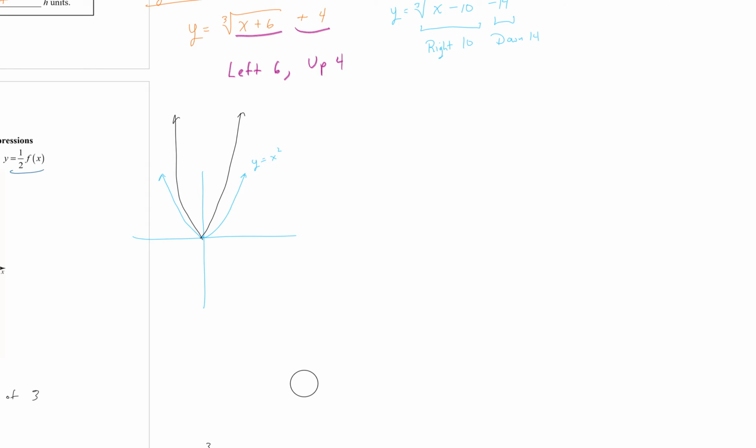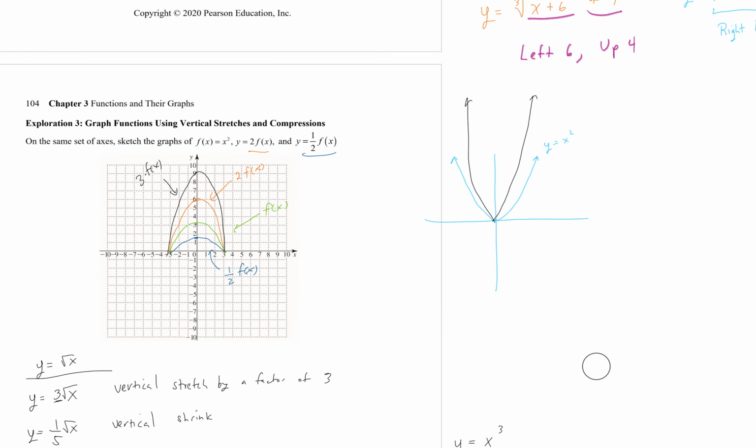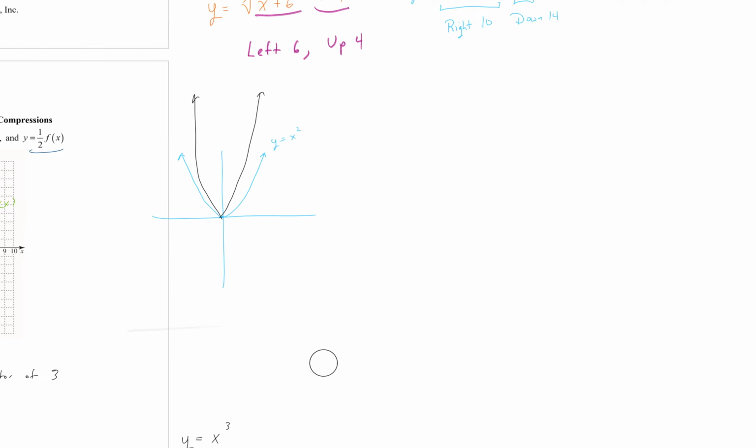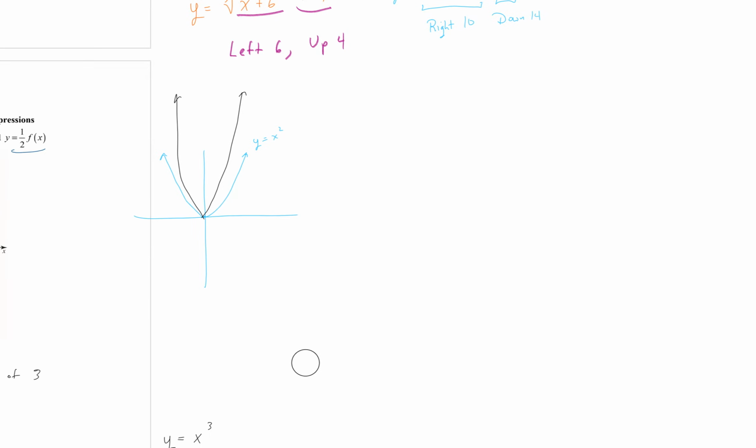That's why I don't like that. Here, you can see the stretch because it's not getting skinnier. It's getting taller. In this parabola, since technically it's infinitely wide, it never gets skinnier. That's why I don't like this example, because it looks like it's getting skinnier, but it's not. It's just getting taller. Do you see how it did not get any skinnier?